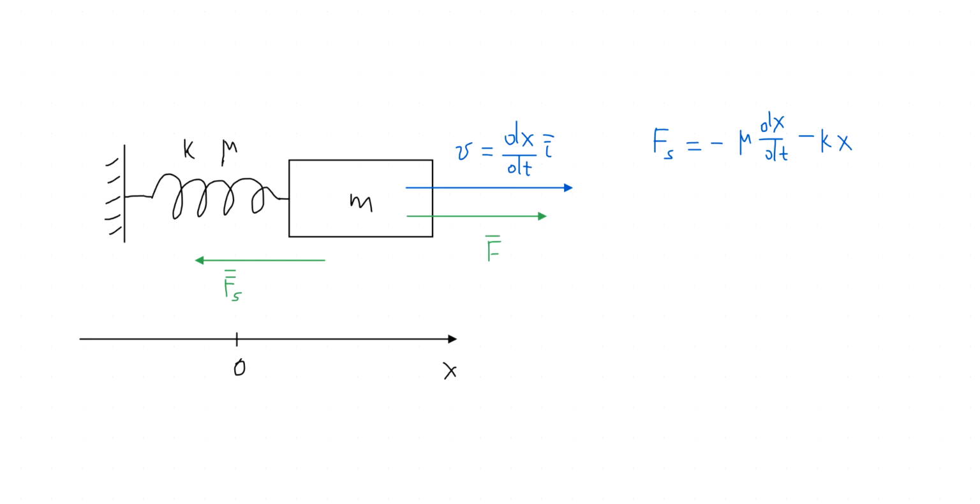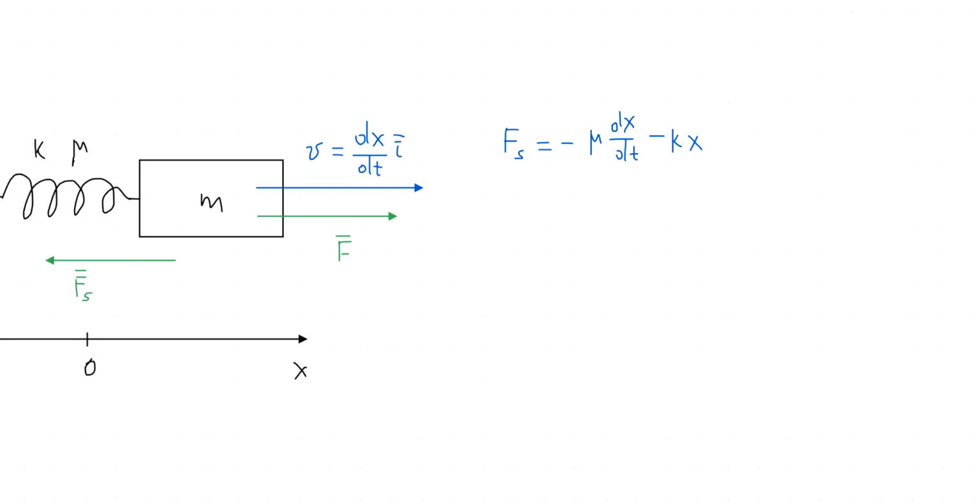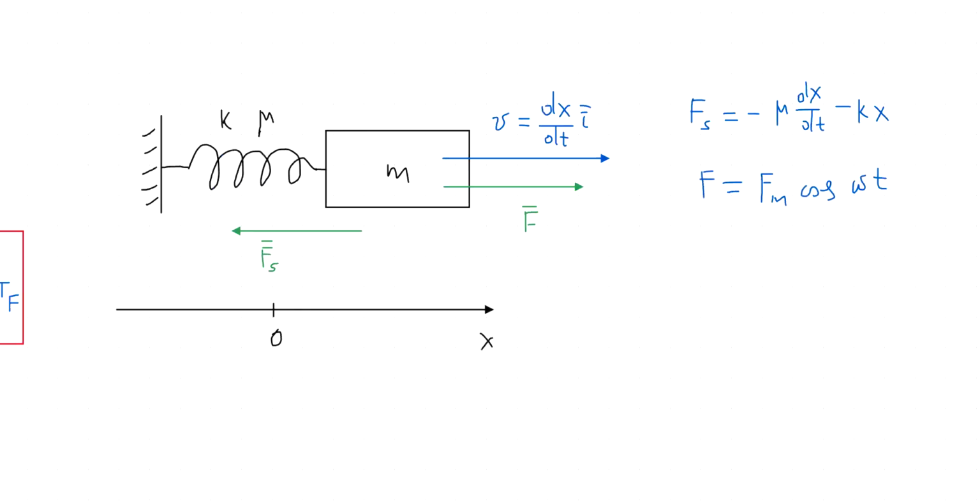Let's add a new force. According to the definition, this force is periodic: F is equal to Fm multiplied by cosine omega t, where omega is some predefined angular frequency. How to write the dynamic equation?